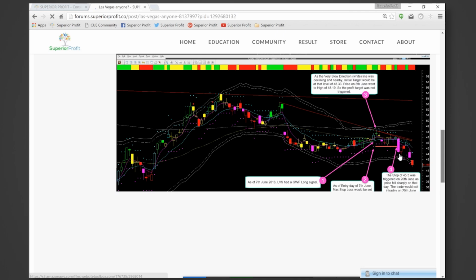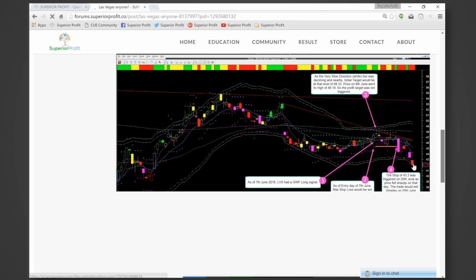A short could be taken on intraday basis. I will not suggest entering short at end of day because it was already too close to lower boundary. In hindsight, it fell more, but that is fine. It is so close to lower boundary, so we will not trade it at the end of the day on this day.